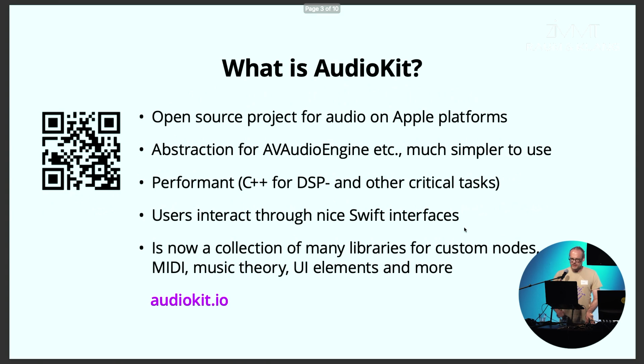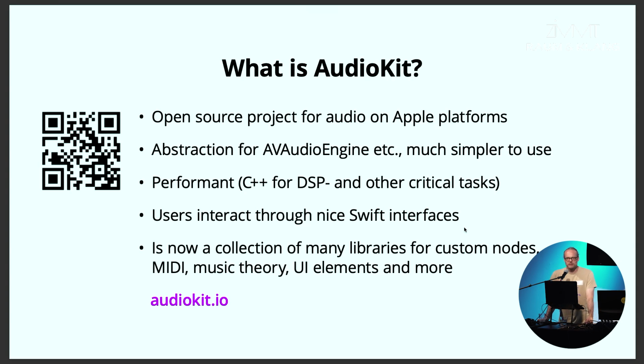That is an open source project, an amazing open source project for audio programming on Apple platforms. I don't know if anyone ever got in touch with this topic at all, but Apple's audio frameworks are powerful, but also a little bit finicky to work with. And so AudioKit started as a wrapper for some core functionality, and then it extended more and more.